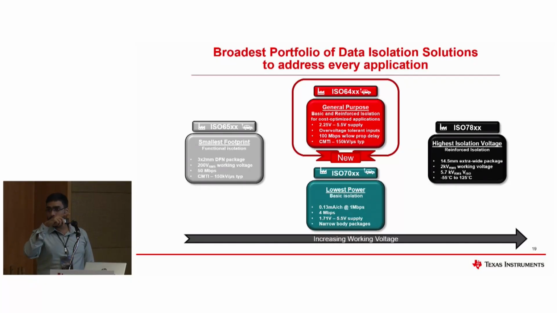Currently, the samples available are 100 Mbps compliant, but when we finally release the part by 2Q end or 3Q beginning, this is going to be 150 Mbps. It has a CMTI of typically 150 kV per microsecond with best-in-class EMC performance from 30 megahertz to 1 gigahertz of noise floor performance, and 30 volts per meter of radiated immunity, and 150 volts per meter of automotive radiated immunity.